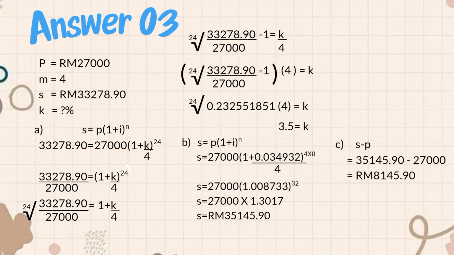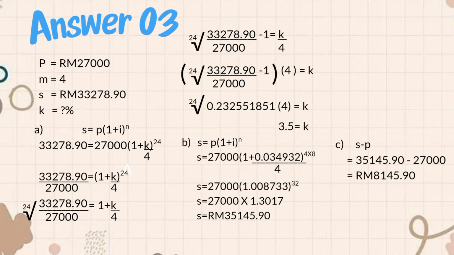So the answer for question 3 is P equal to RM27,000, m equal to 4, S equal to RM33,278.90, K equal to question mark percent.